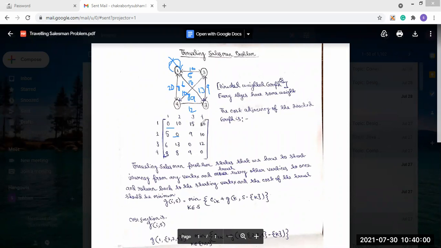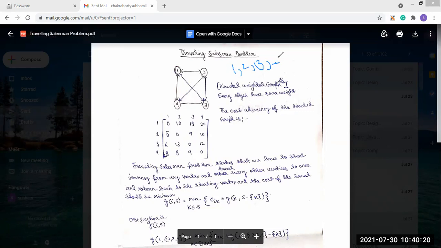So the main problem is that we have to start from a starting vertex. From the list, there are 4 vertices present: 1, 2, 3, and 4.